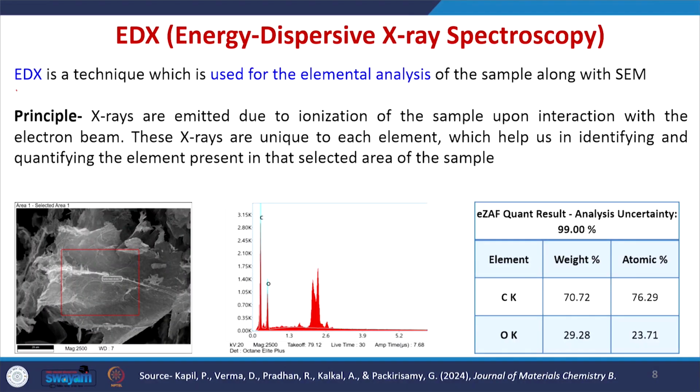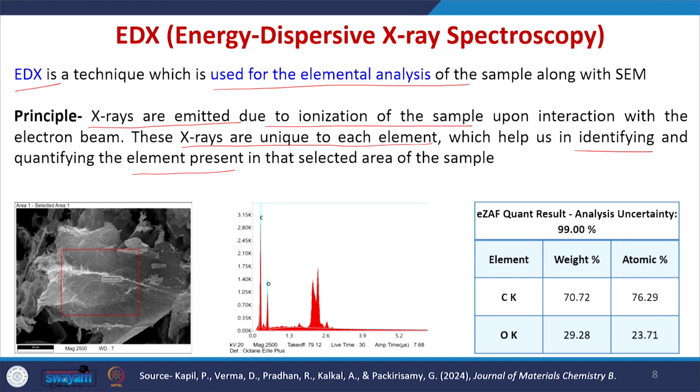So, let us see what EDX is. EDX is energy dispersive X-ray spectroscopy. EDX is a technique used for the elemental analysis of the sample. So, what is the principle? X-rays are emitted due to ionization of the sample upon interaction with the electron beam, and these X-rays are unique to each element. So, this helps us in identifying and quantifying each element present in the particular selected area of the sample.